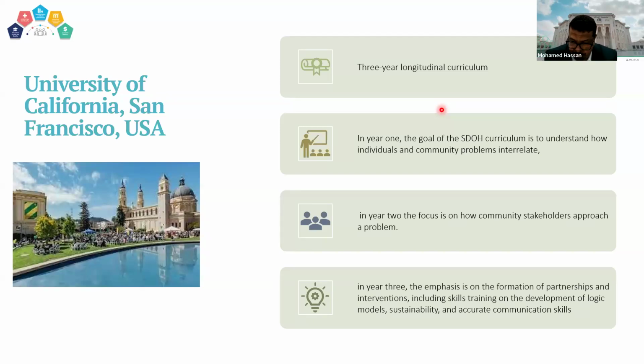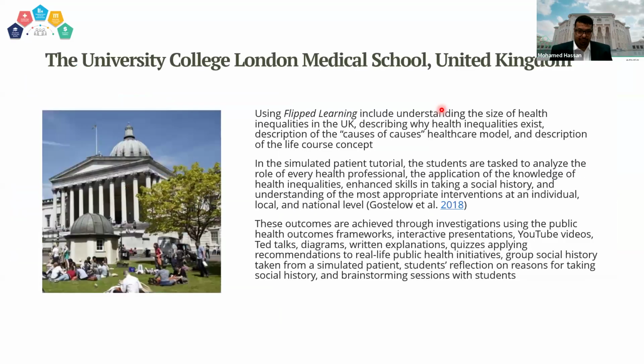Then in year two, the focus is on how community stakeholders approach a problem. And in year three, the emphasis is on the formation of partnerships and interventions, including skills training on the development of a logic model, sustainability, and accurate communication skills. This is one of the experiences from the United States that is worth studying.